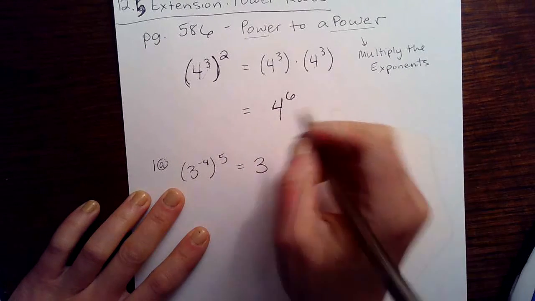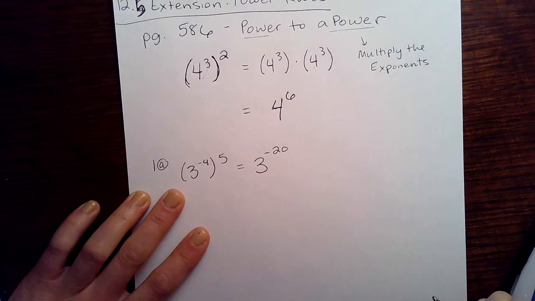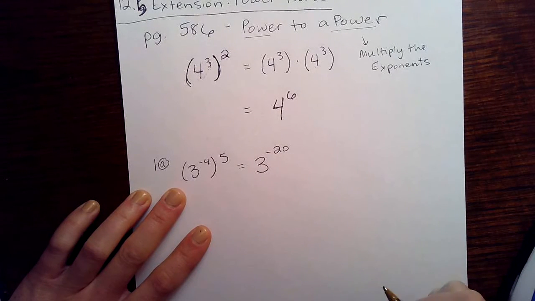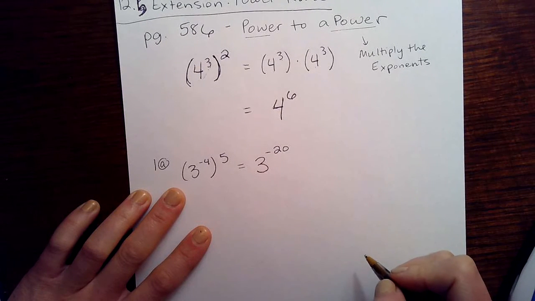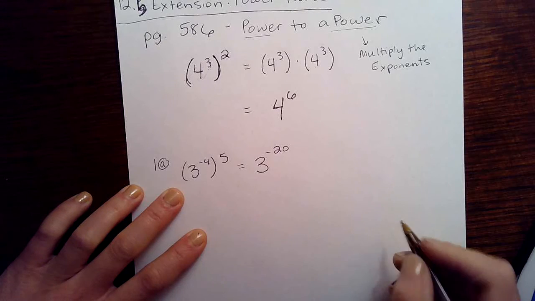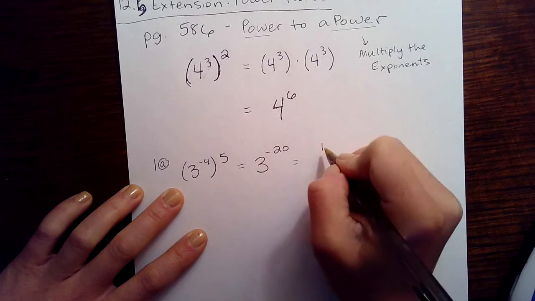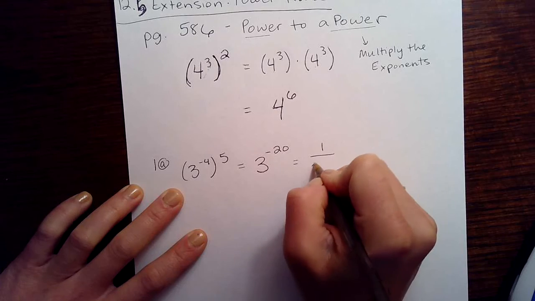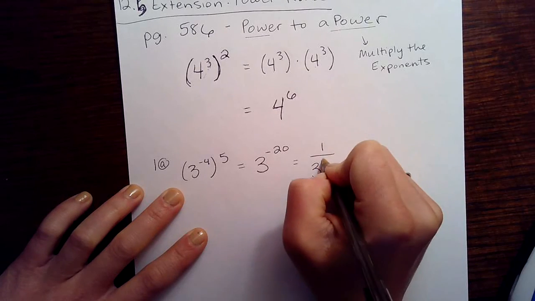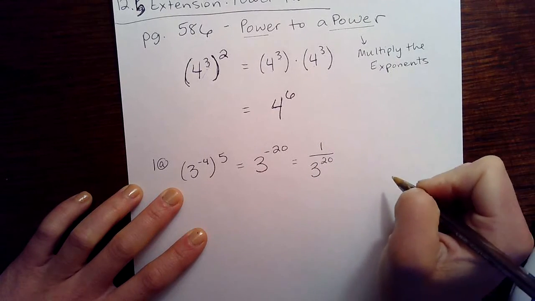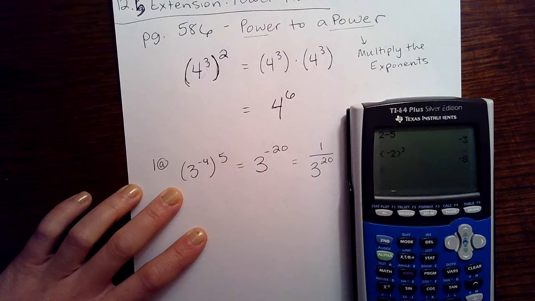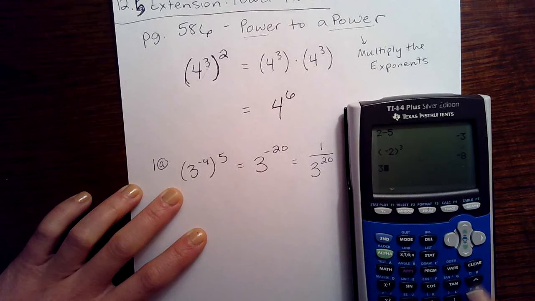We keep the base, and the exponent is negative 20. Now we can simplify that further. We saw just in our last video, 3 to the negative 20th is the same as 1 over the same base 3 to the positive 20 power. We could even plug that into our calculator, 3 to the 20th power, and see our very large number.